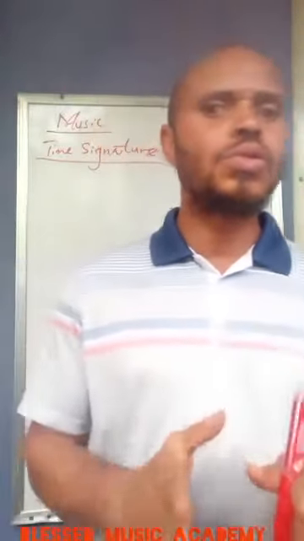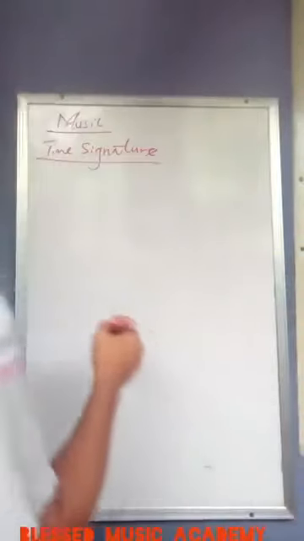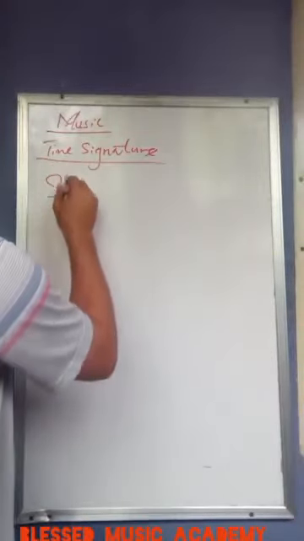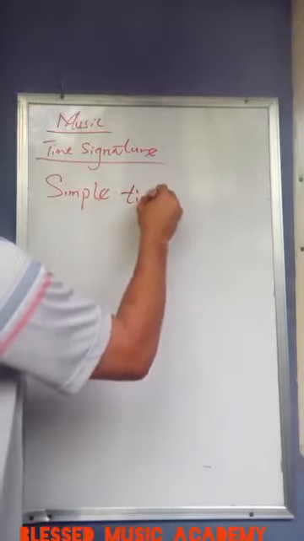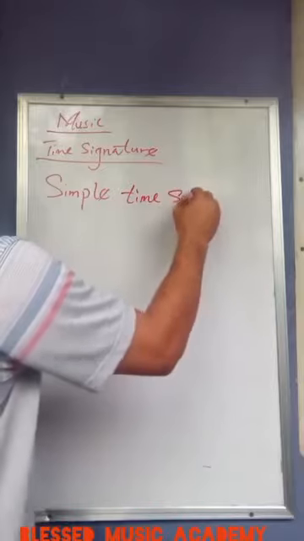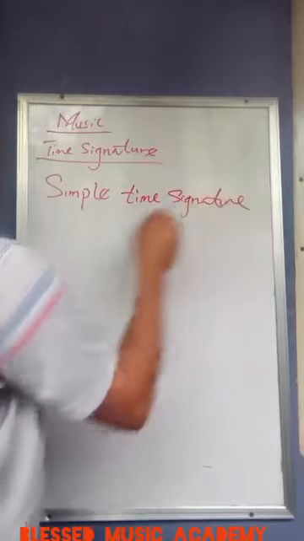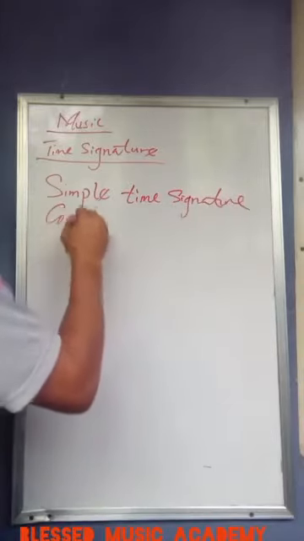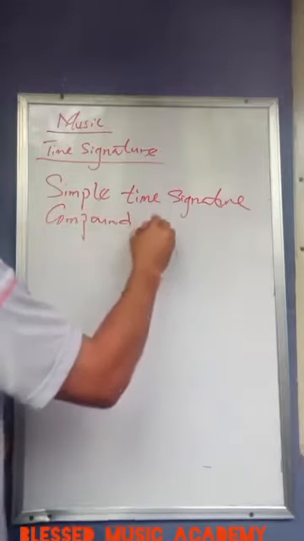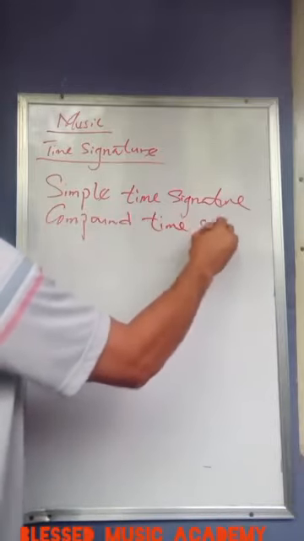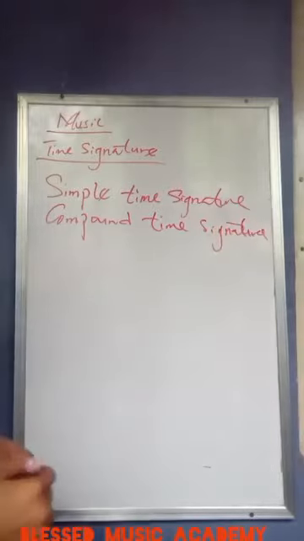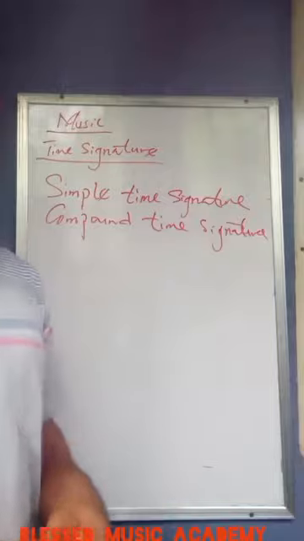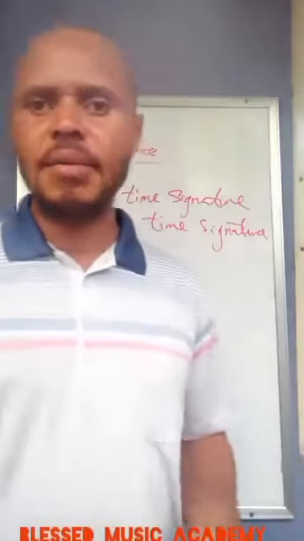There are two types of time signature. We have what we call simple time signature and compound time signature.